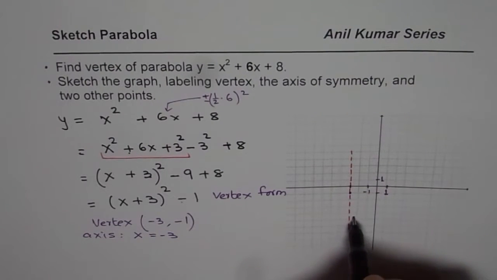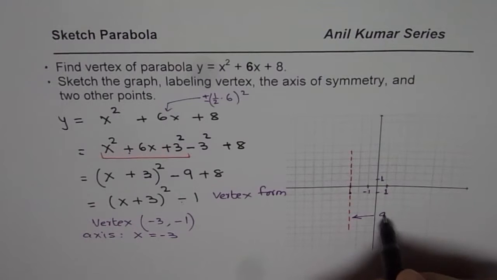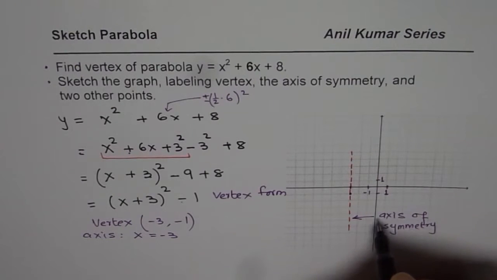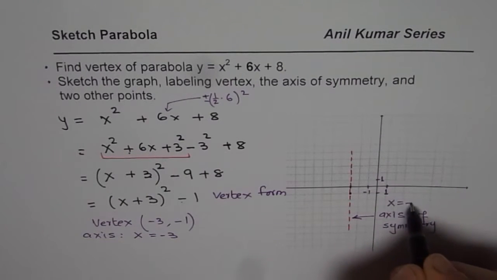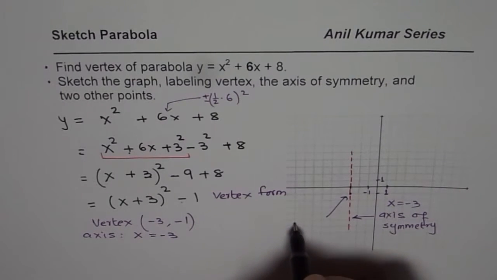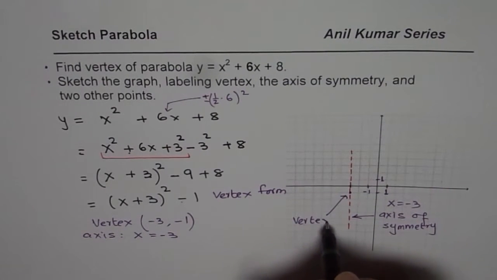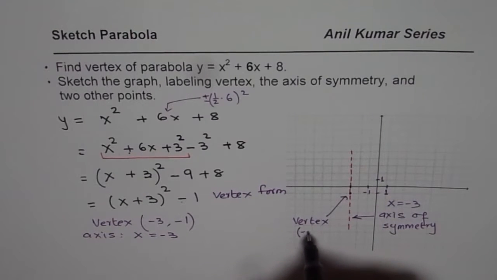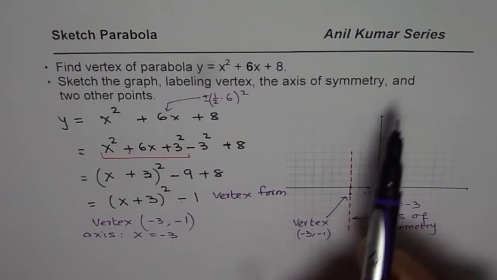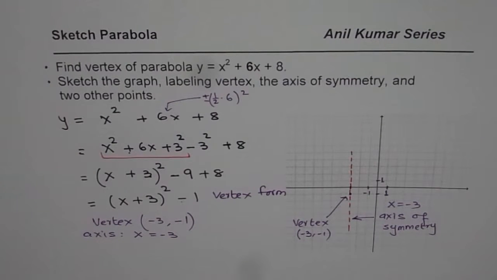This is our axis of symmetry, and the equation is x equals minus 3. And here we have the vertex, whose coordinate points are minus 3, minus 1. Correct? Now, we also need two other points on this parabola.